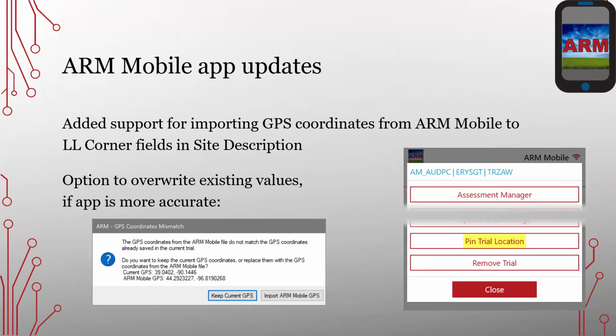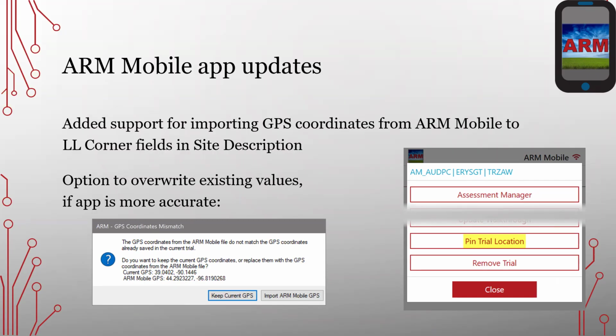And last but not least, we also integrated the lower left corner GPS coordinates. Within the mobile app, there's the button to pin trial location. So if you want to use your device's GPS coordinates, at the moment, if you go and stand in the lower left corner of your plot with your device, you click on pin trial location. Your device's location is remembered as the corner.